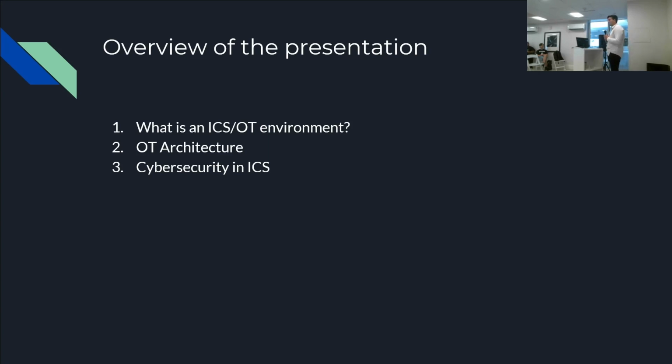So what we're going to cover today is what an ICS OT environment is. We're going to go through some of the components that we can find in it, and examples. After that, we're going to go into OT architecture. And finally, how do we approach cybersecurity in industrial control systems. So let's give it a roll.